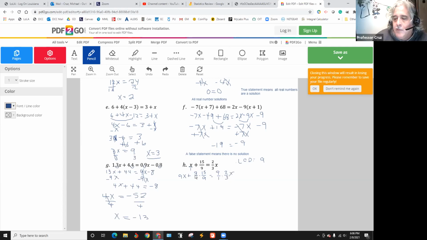All right, so that's just going to be 15 there. So 9x plus 15. And over here, 3 goes into 9 3 times and into itself once. So that's 6. 3 times 2 is 6x.